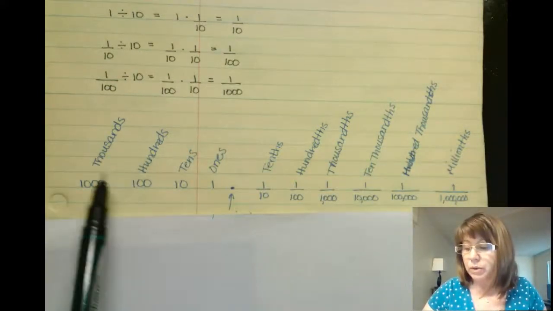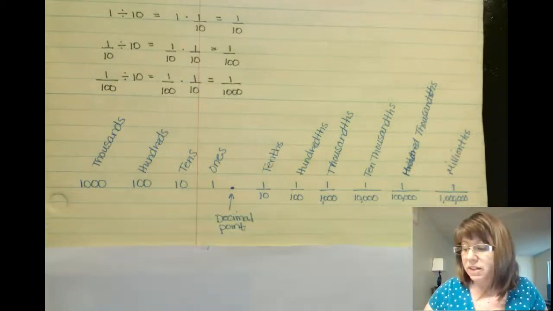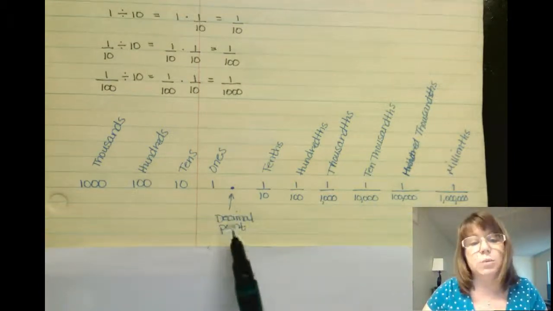So now, where we were 1,000, 100, tens, ones, we now make this very special point called the decimal point.